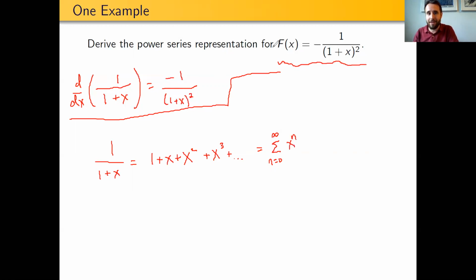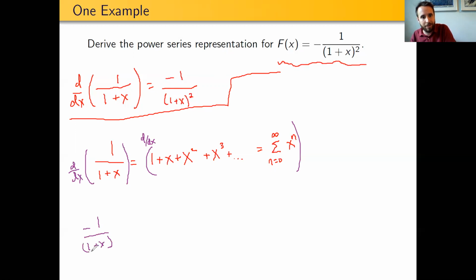What that means then is that I can take the derivative of this left-hand side, get the expression that I want, simply by taking the derivative of this entire right-hand side as well. And so what we'll end up seeing is that -1/(1+x)^2 has a power series representation that looks like this.